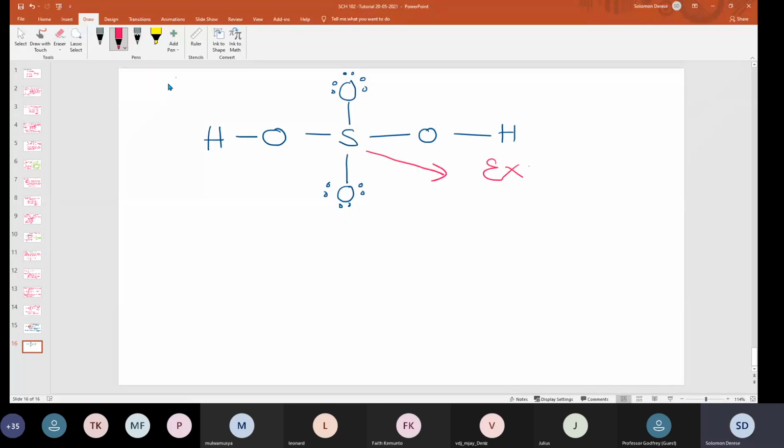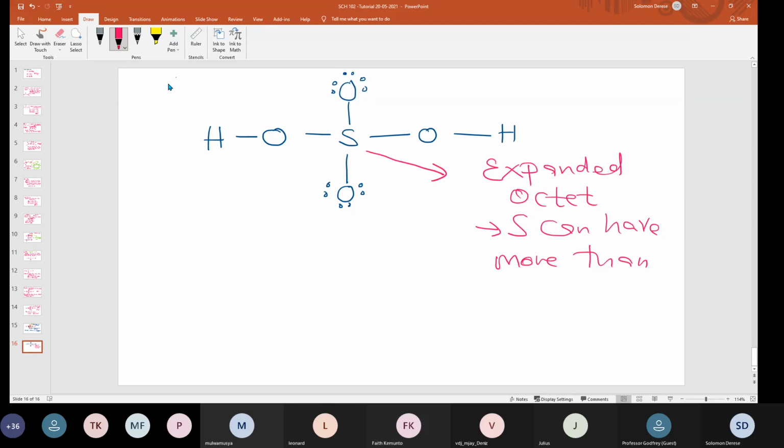It has an expanded octet. Sulfur can have more than 8 electrons, because sulfur is in period 3 of the periodic table.